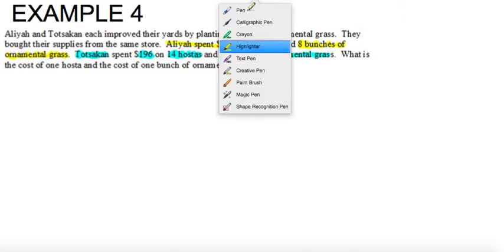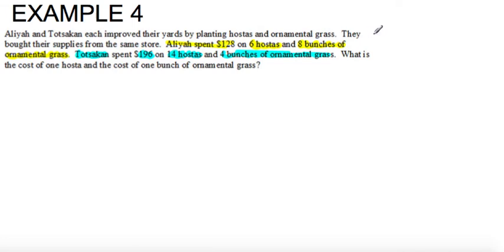Okay, so we are interested in the variables next. So the variables that we're dealing with are hostas, H, and the ornamental grass. So we're going to call that G. Okay, so now we set up our 2 equations.